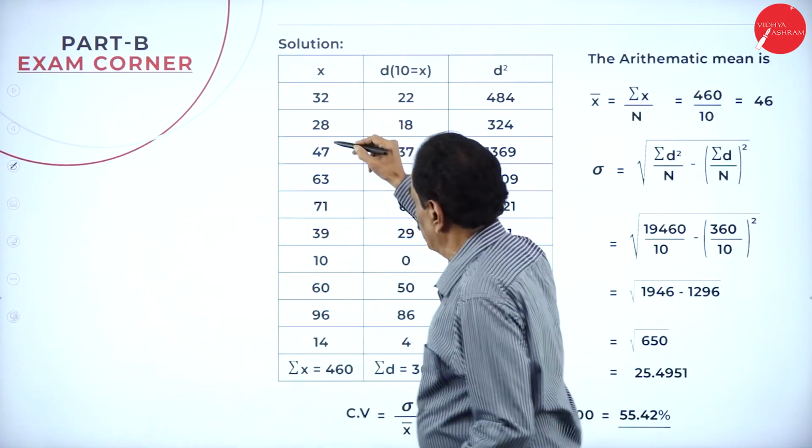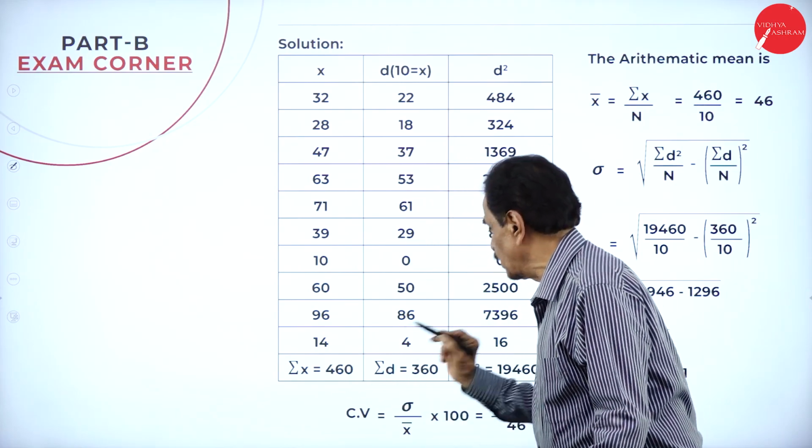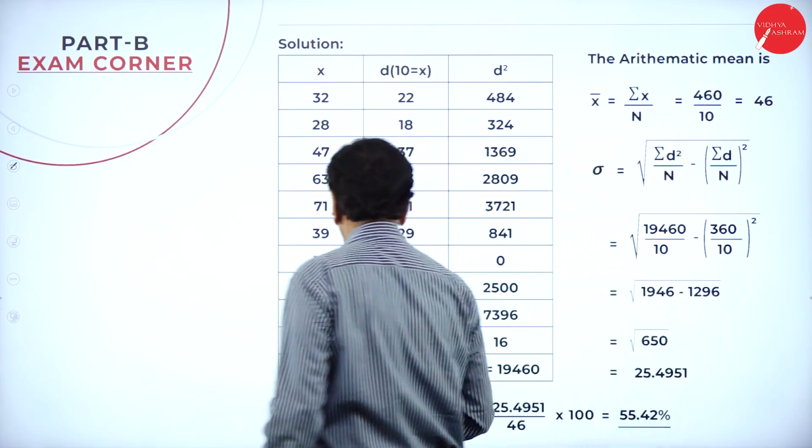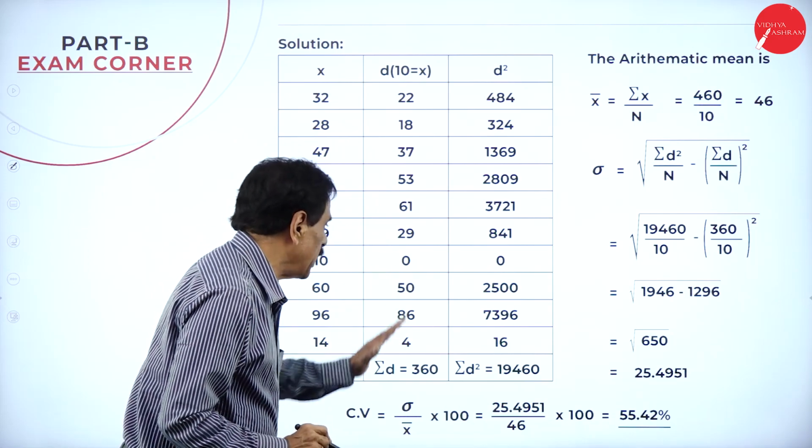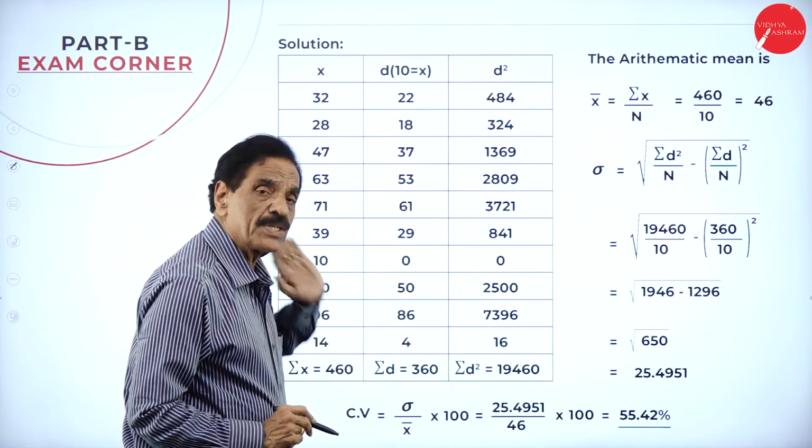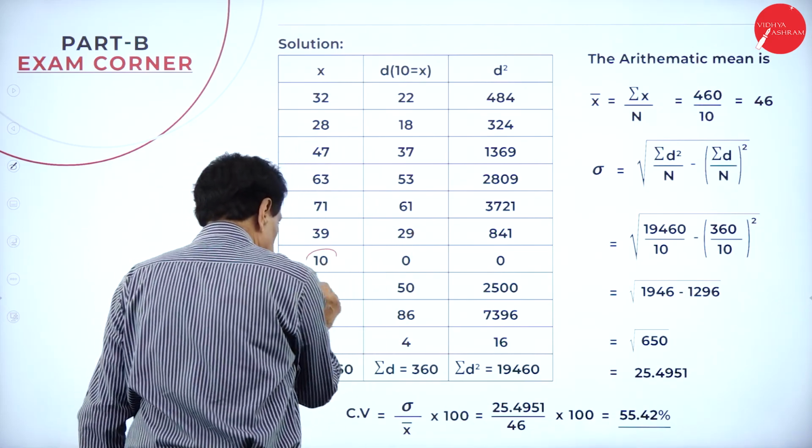Calculate the coefficient of variation. Here 32, 28, and so on; total is 460. Assume the lowest number, 10, as 0.